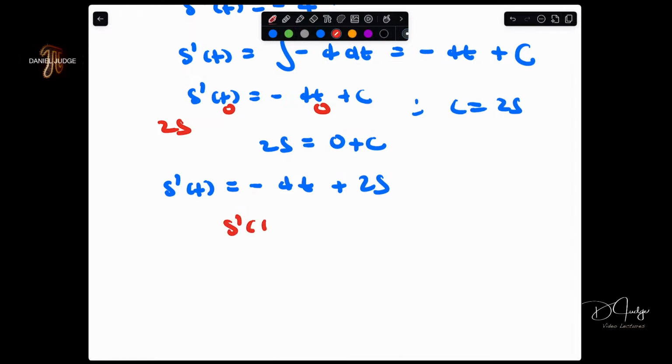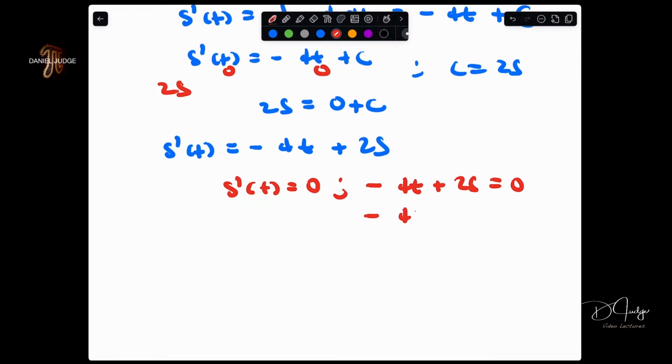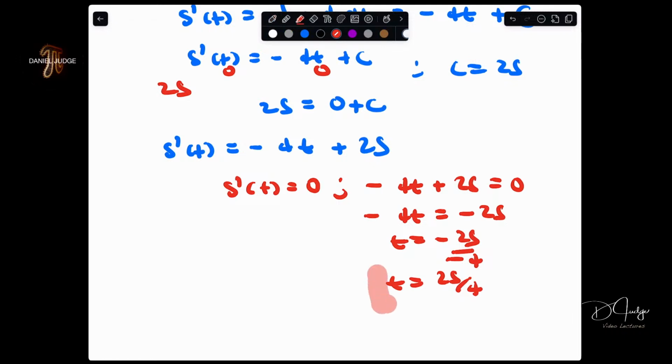If s prime of t equals 0, that means negative 4t plus 25 is 0. Negative 4t is negative 25. T is negative 25 over negative 4. T is 25 over 4. This is the time where that car stops.